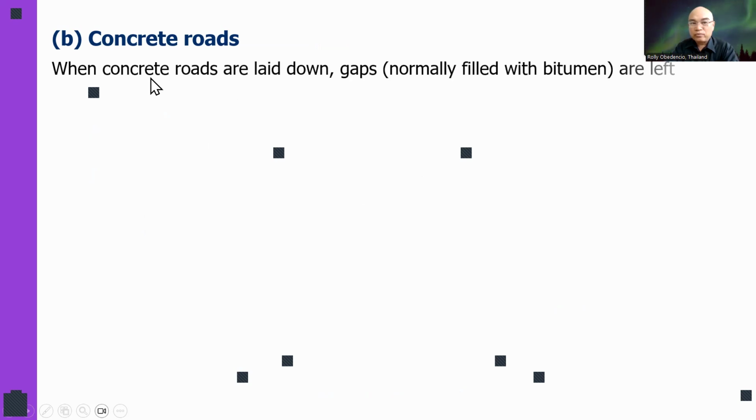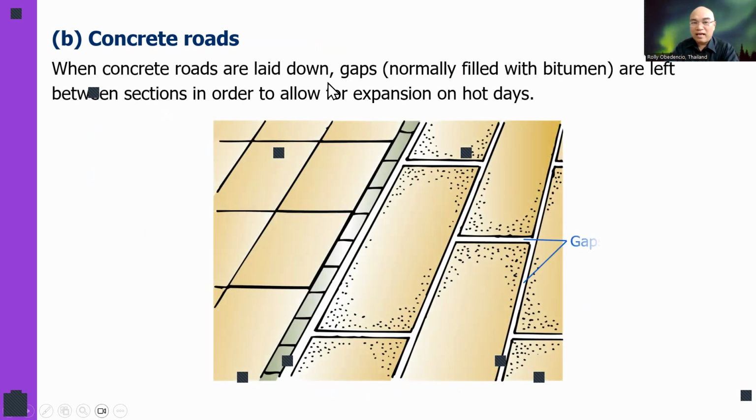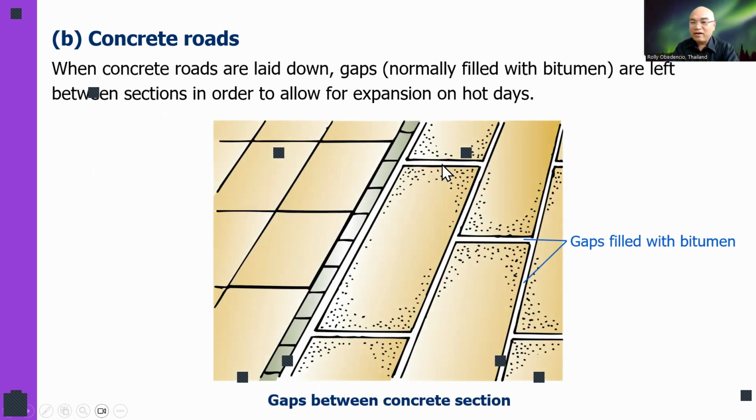What about the concrete roads? When concrete roads are laid down, gaps normally filled with bitumen are left between sections in order to allow for expansion on hot days. There should be gaps in between, all right? It's to be filled with bitumen, okay?